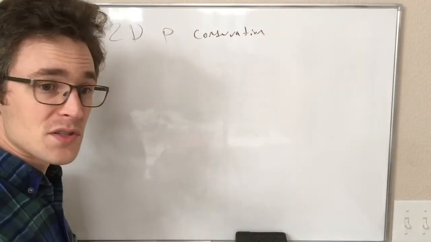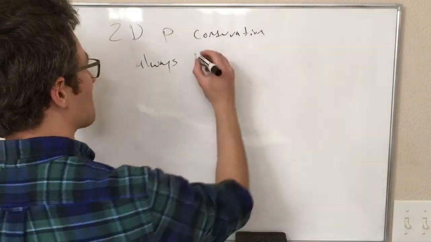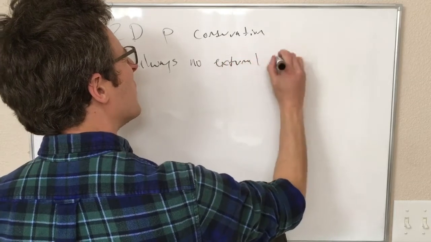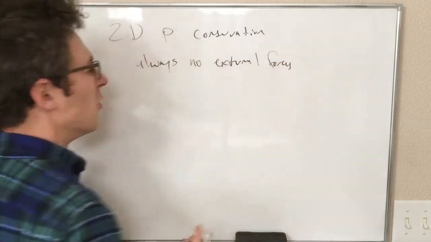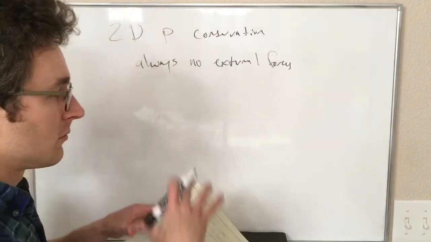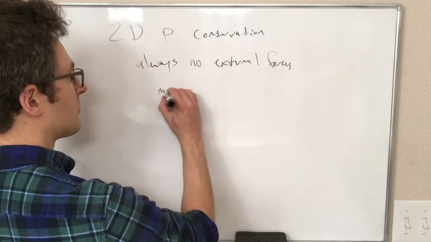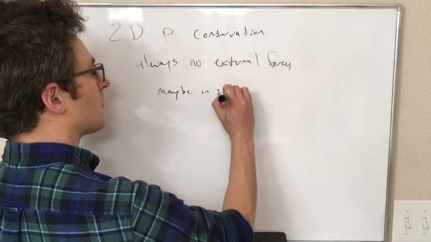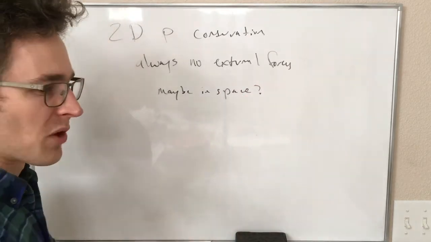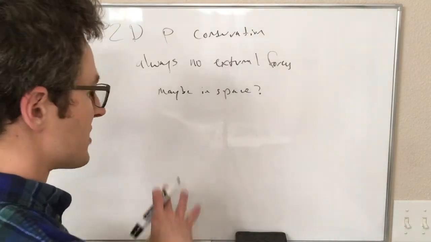So our 2D conservation of momentum problems will always not have external forces. Which either means that we have to be doing something like in space where there's no gravity, but more likely these problems tend to be looking at a situation from the top view.